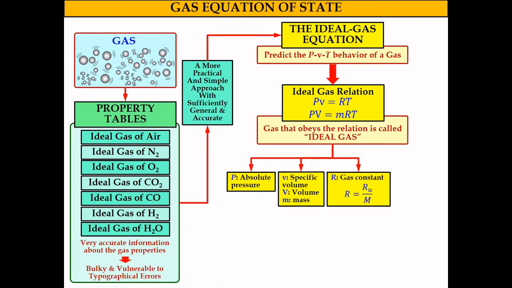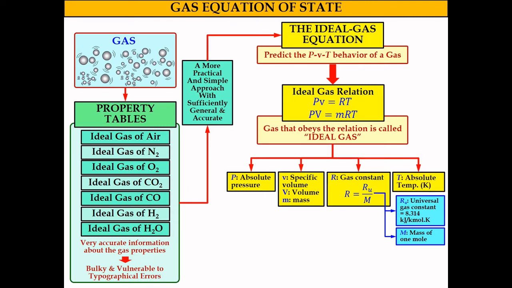R stands for gas constant, and the general formula for the gas constant is R equal to Ru divided by capital M. Ru is the universal gas constant, the value is fixed at 8.314 kJ per kmol Kelvin. Capital M stands for the mass of 1 mole. And the last one, T, represents the absolute temperature, and the unit must be in Kelvin.